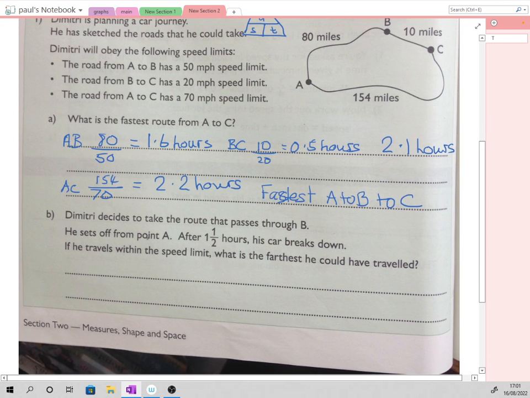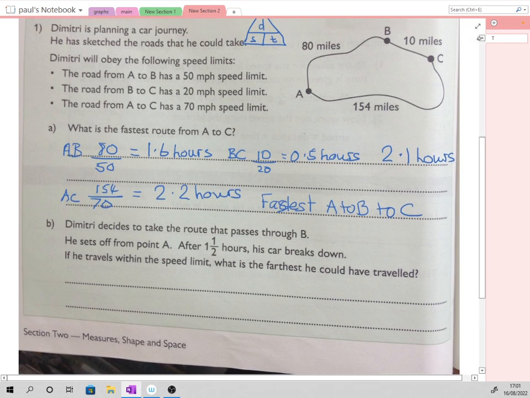Now, Dimitri decides to take the route that passes through B. He sets off from point A. After 1.5 hours, his car breaks down. If he travels within the speed limit, what's the farthest he could have travelled? So he's going from A to B, the speed limit is 50 miles an hour, and we need to know the distance.